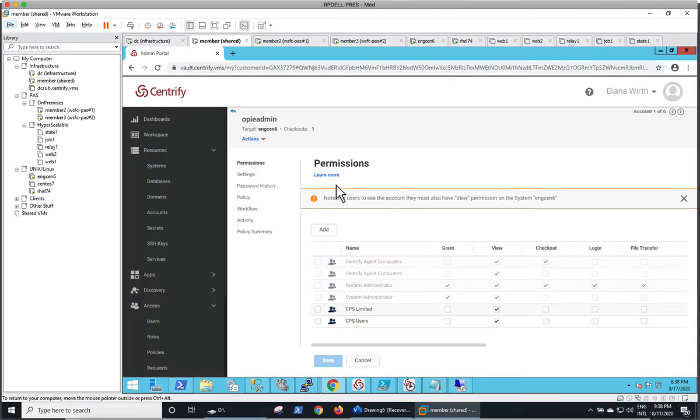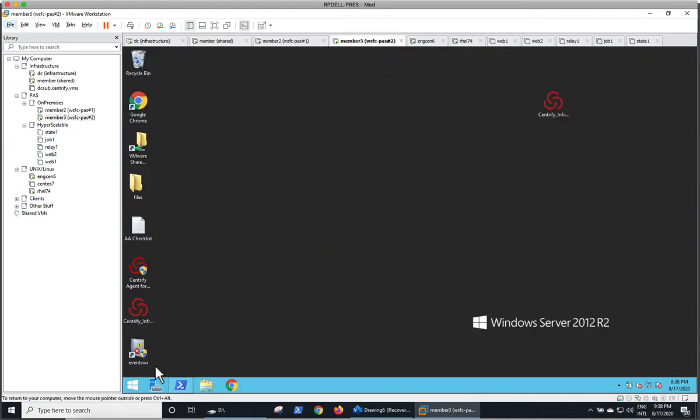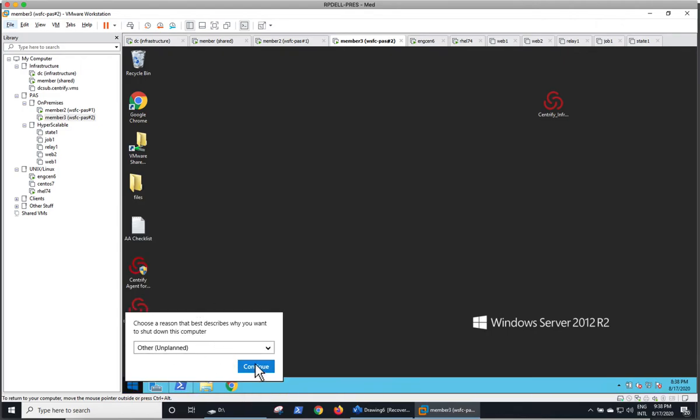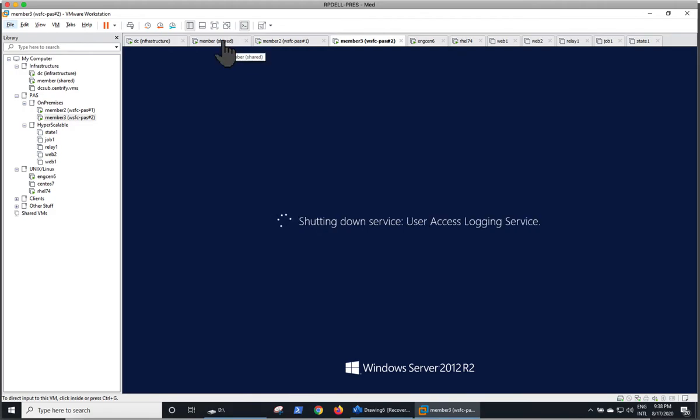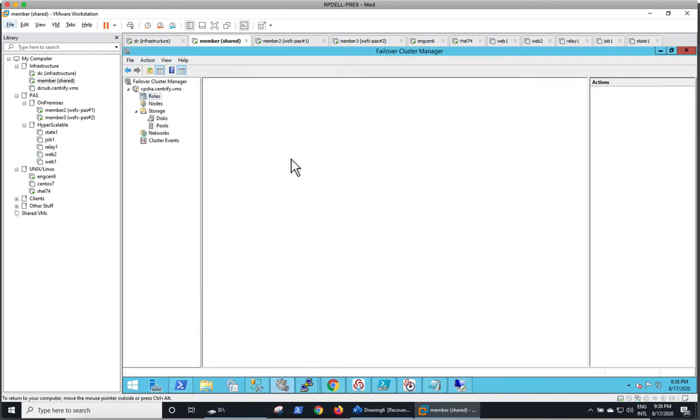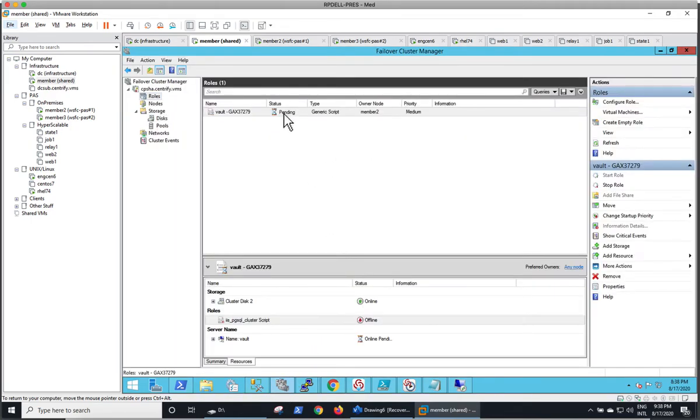The other is an ungraceful termination. Maybe I go into this machine and shut it down. So I lost a node and I want to test failover. So when you look at this, I should see already a pending state.